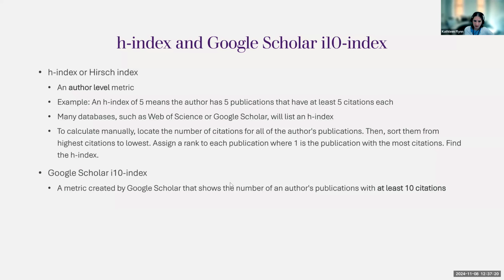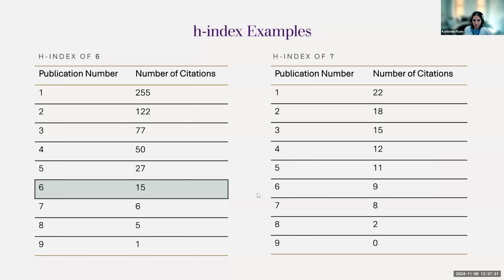And Google Scholar also has another similar metric. It's called the I-10 index. That's just the number of an author's publications that have at least 10 citations. So to calculate this manually, let's say on the left here, this is fictional, this author had 9 publications. I found the citation counts, sorted most to least, and then found the H index.